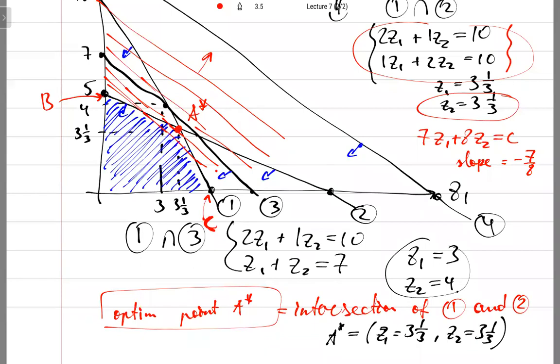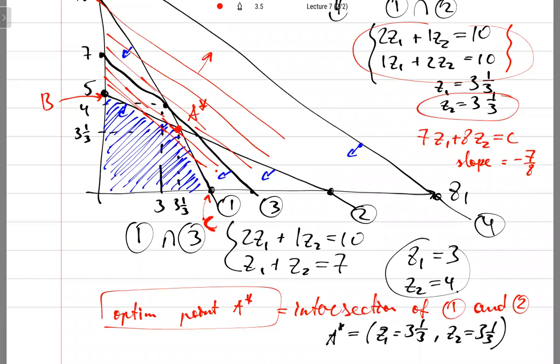Okay, so if the slope was not -7/8 and it was -1/2, then the whole segment from A to B is optimal. And if the slope is something like -1/1,000,000, then only the point B is optimal.